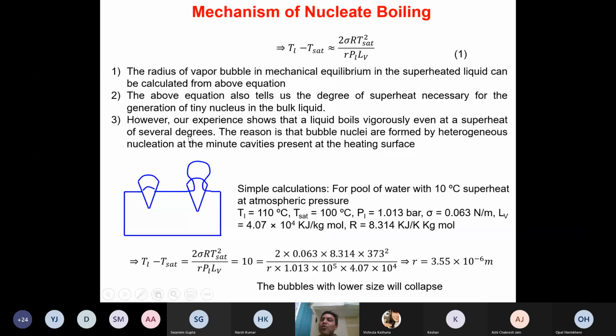So even though this equation gives me the amount of superheat required for the formation of the bubble, it is going to be a little bit of an under-prediction in terms of the radius of the bubble. The bubbles are going to get formed even at a lower value of superheat because the heterogeneous nucleation is going to lead to the formation of the bubble as shown here in the figure.